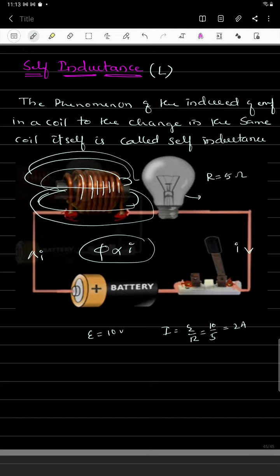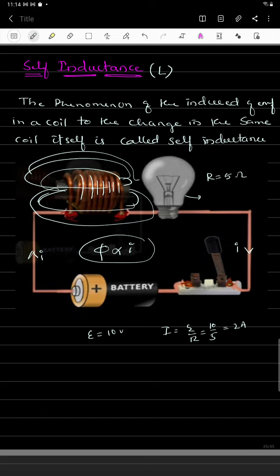Whenever the tap key is released, the current in the coil decays from maximum to 0, and the flux linked with the coil also decreases from maximum to 0. As a result, an EMF is induced in the coil. This EMF opposes the decay of current in the coil.